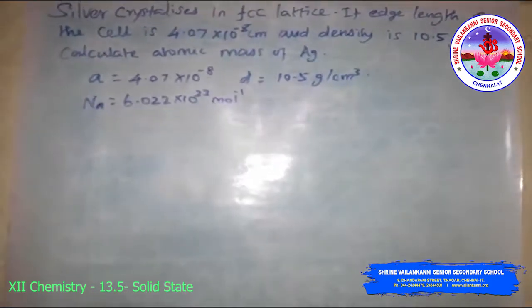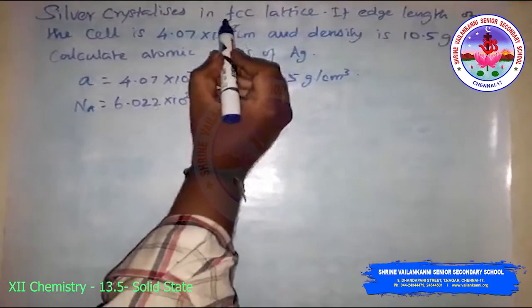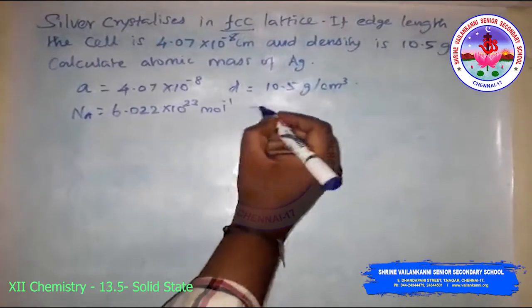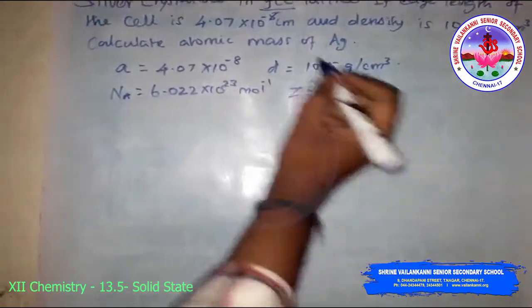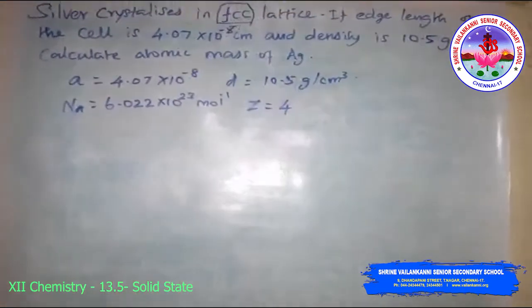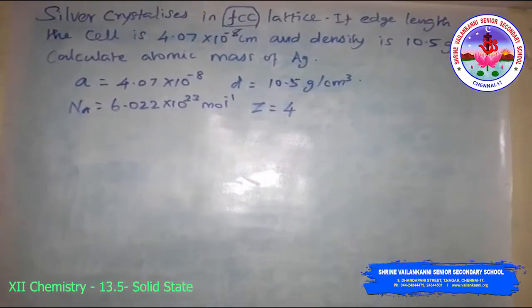Then the number of atoms in the FCC, that is face centered, Z is 4 because of the face centered unit cell, so Z is 4.